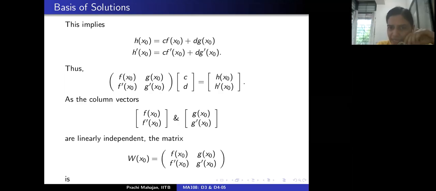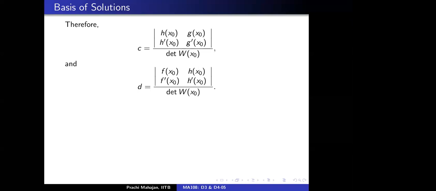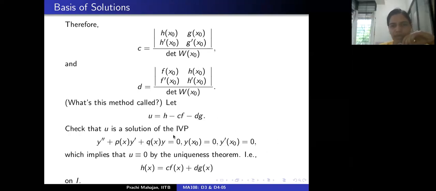We can, that's what we have shown. At this stage, we can only say h of x naught equals c times f of x naught plus d times g of x naught. But you know what we did here? So let's see.